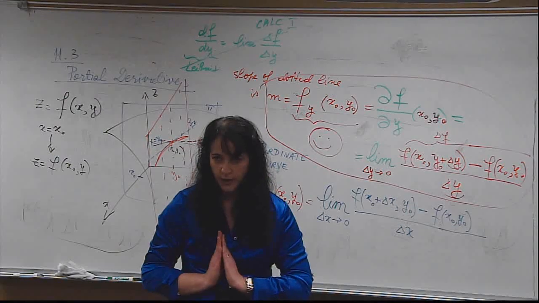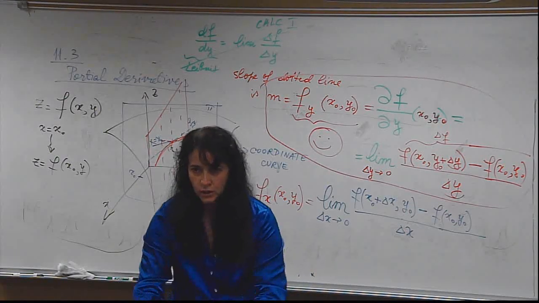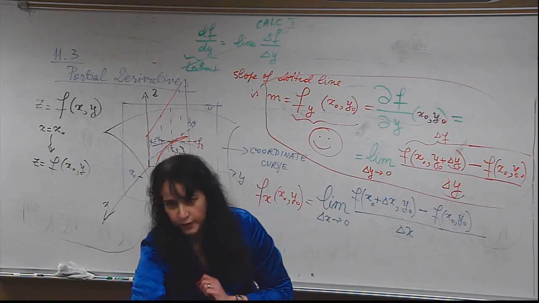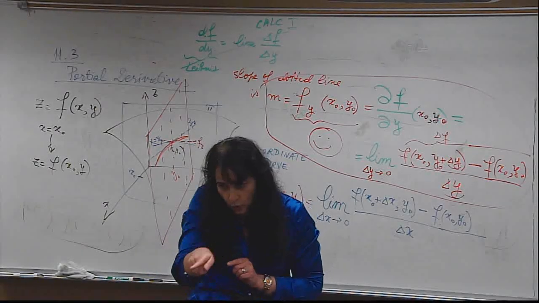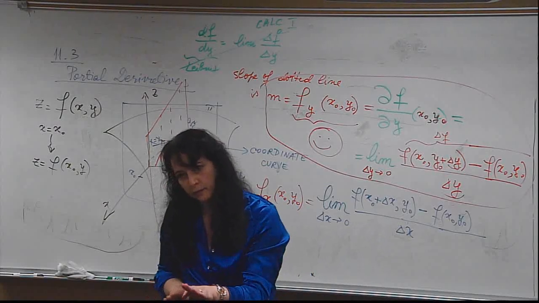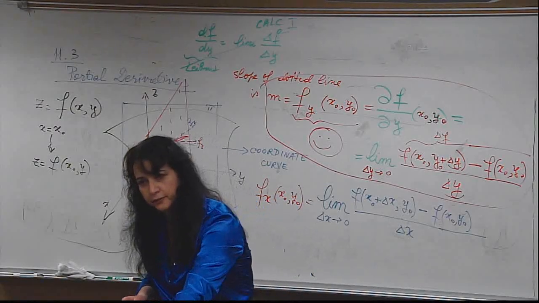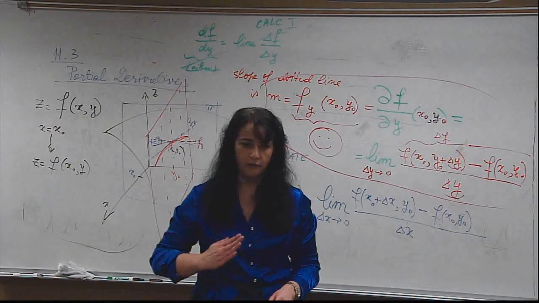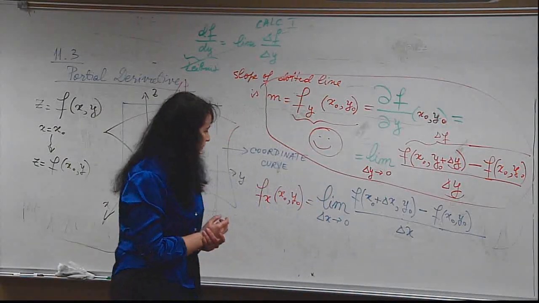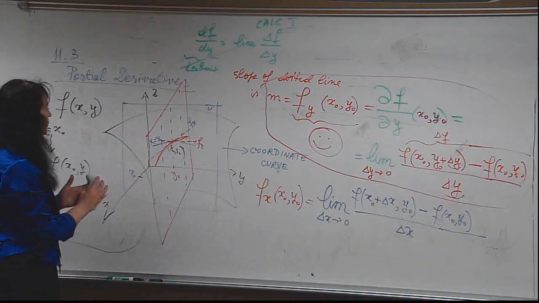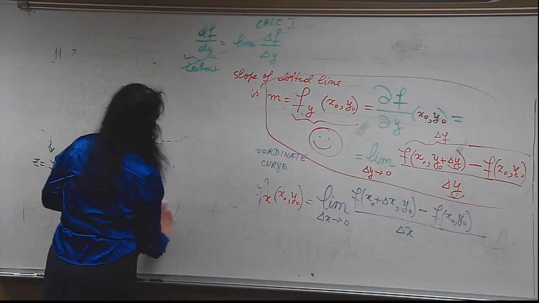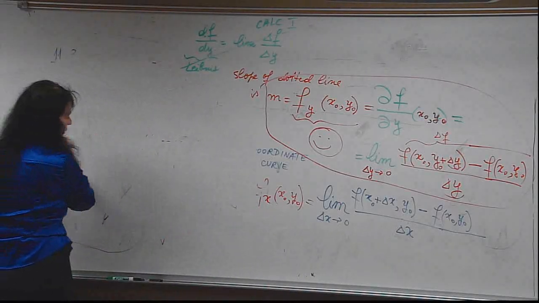What I describe as a skier is a plane curve going down in this direction, and the slope of the line of my trajectory at every point is the derivative. So I have a curve like that and a curve like this, and they're called coordinate curves. Now, this is hard. You'll see how beautiful and easy it is when you actually compute the partial derivatives of functions by hand.